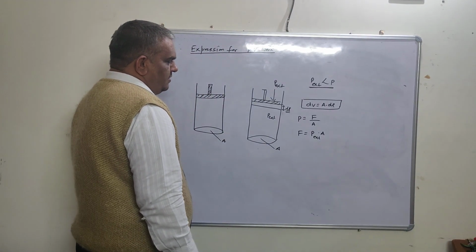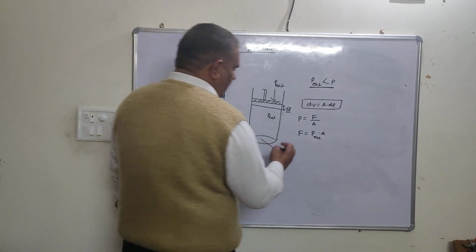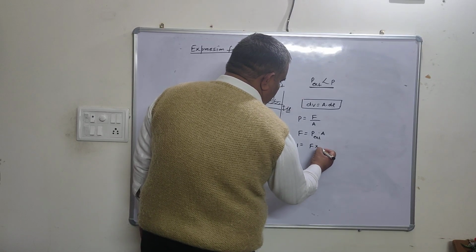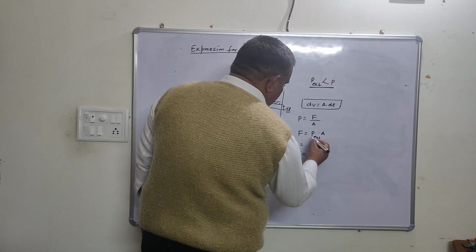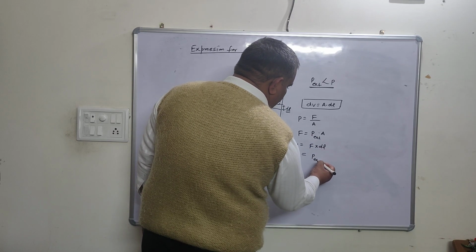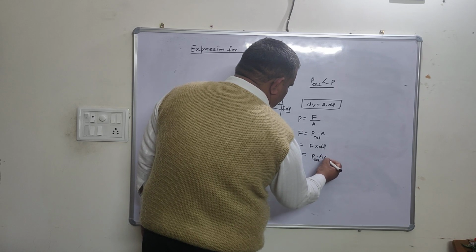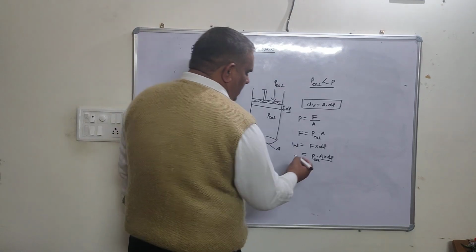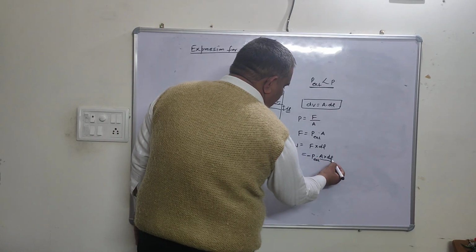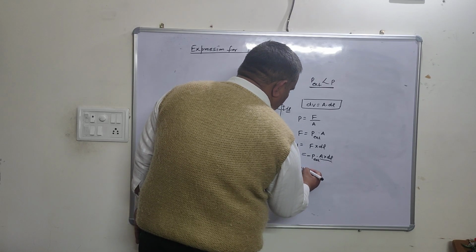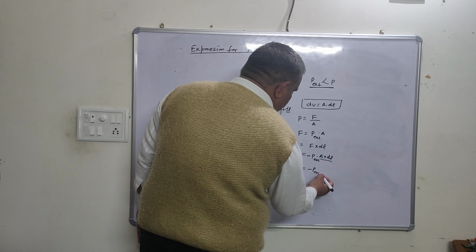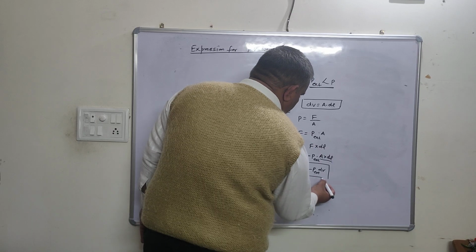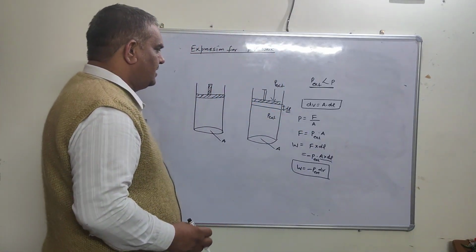Work done by the system is force into distance dl, so we put the value here: P external into A multiplied by dl. Work done by the system is negative, and A dl is dV, so W equals minus P external dV. This is the work done by the system, which is negative.